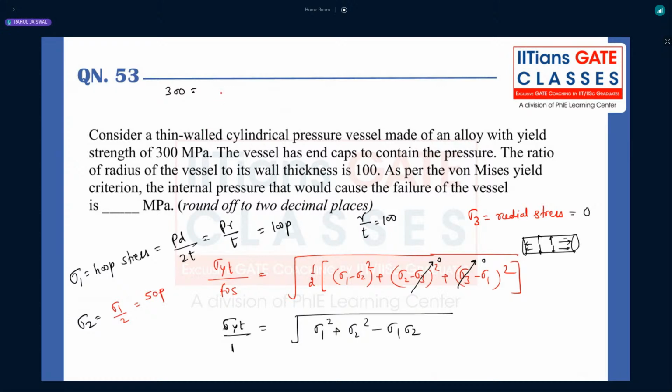So when you put into this formula, sigma 1 square, that is 100p whole square, plus 50p whole square minus 100p into 50p. So if you calculate the p value, you will be getting 3.464 megapascal, but they ask to round off to 2 decimal places, so that will be 3.46. Check it out. Are you getting 3.46?